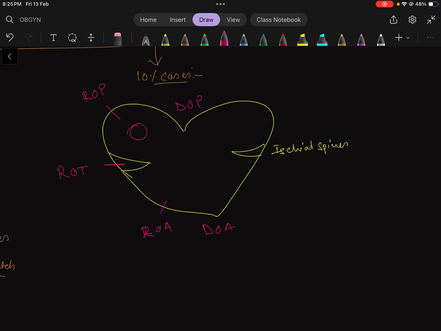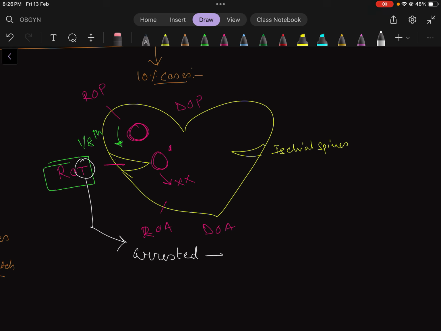So the occiput is here, but after 1/8 of the rotation in the ROT position, the head is fixed and the head cannot come any forward. Okay, so here in the transverse position the head is arrested despite good contractions at the level of ischial spine.